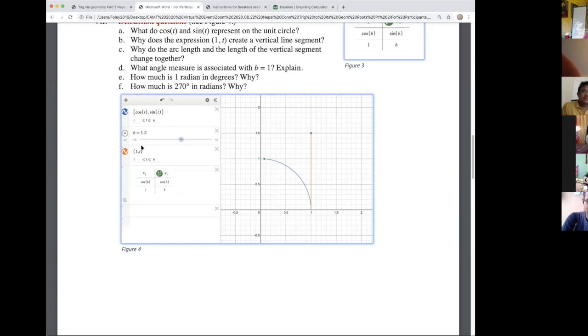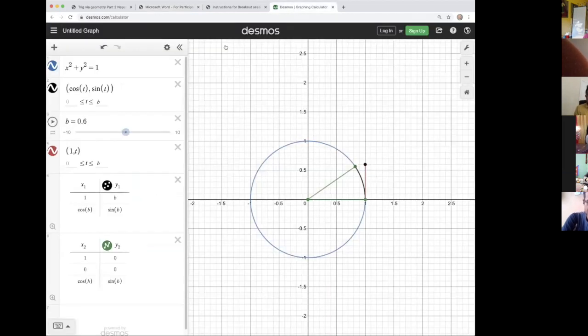Meanwhile, simultaneously, we're graphing x equals 1 and y equals t, where those t values range from 0 to b, with b having a particular value of 1.5 in this freeze frame snapshot. In my live Desmos, I put in the unit circle in light blue, just as a reference. I've also put in the central angle in green.